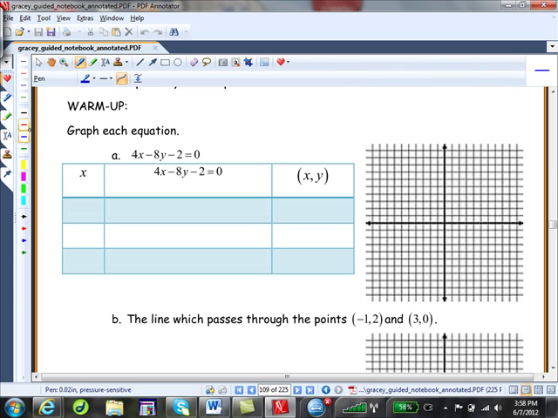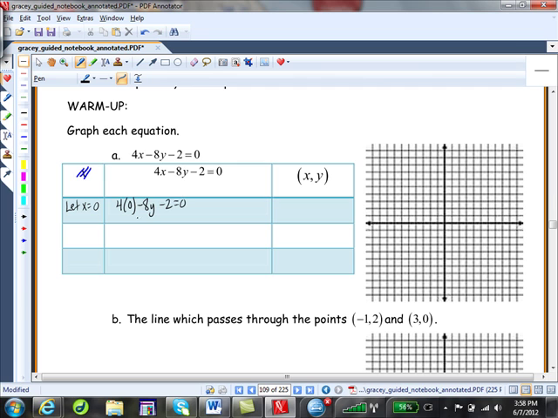So on this one, we'll just scribble this part out. And since we covered it last time, let's graph using intercepts. I'm going to let x equal 0. Which intercept will I find when I do that? Good, I'll find the y-intercept. So we'll have 4 times 0 minus 8 times y minus 2 equals 0.